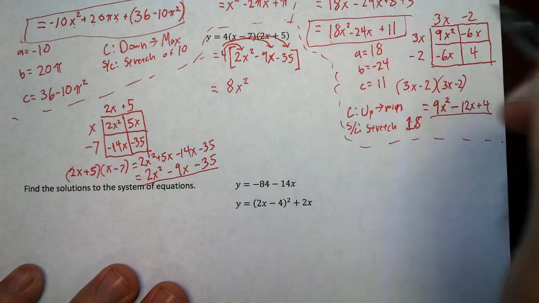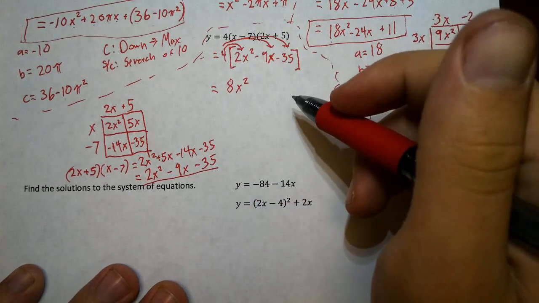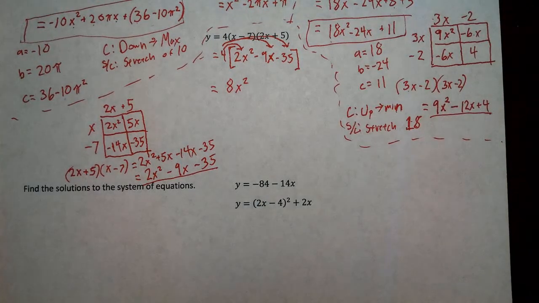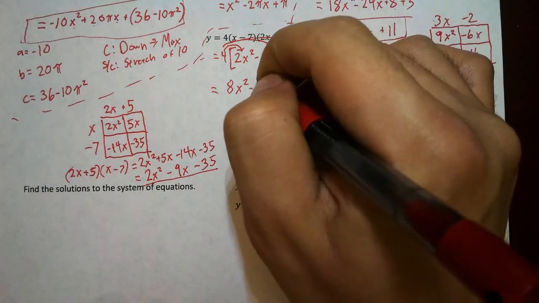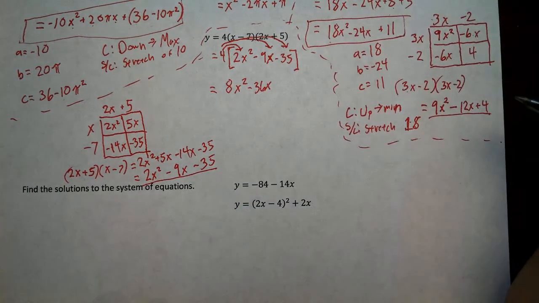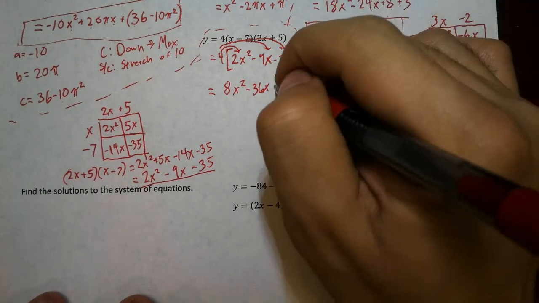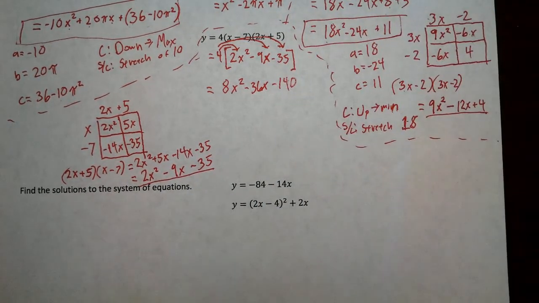Alright, so 8x squared, 4 times negative 9x. 4 times negative 9 is negative 36x. And then 4 times negative 35. Well, that is going to be mental math. 140. Yeah, because 70 plus 70. So that's going to be a negative 140. Okay, distributing that, that's what we get.